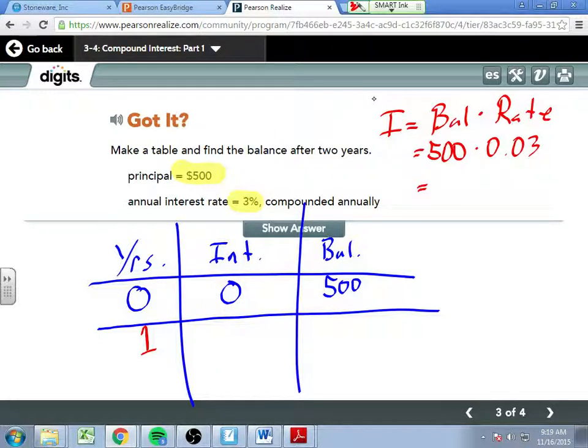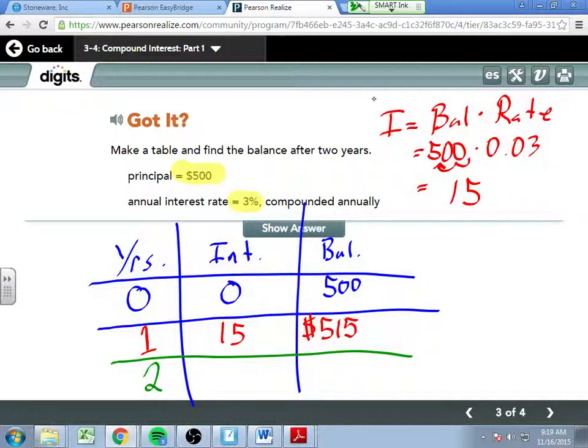So 1% of 500 would just be 5, and then if I triple it, I get 15. So my interest earned in that first year is $15. So now my balance is $515. Now for after 2 years, my interest will be the balance from the end of the previous year.